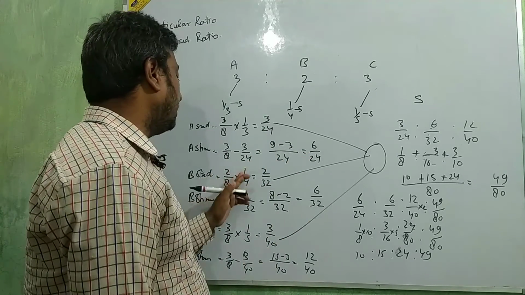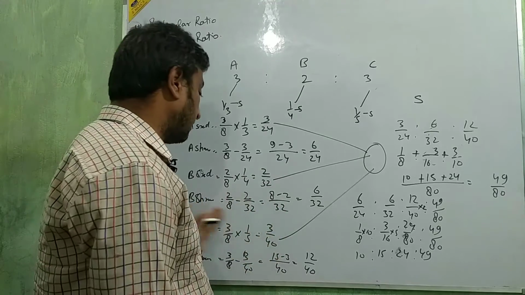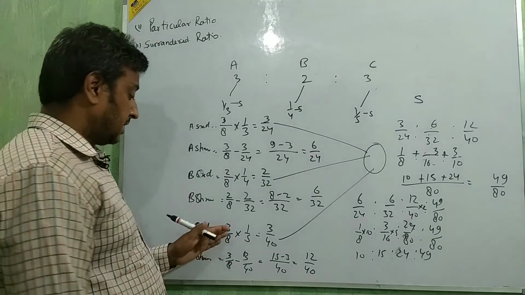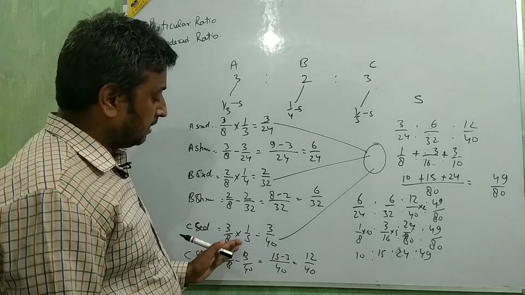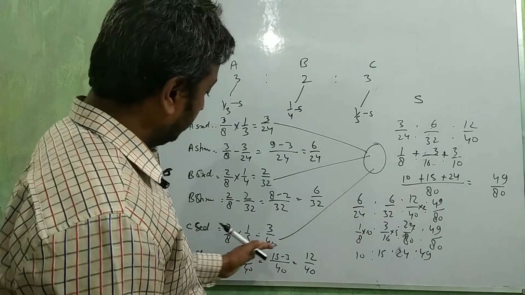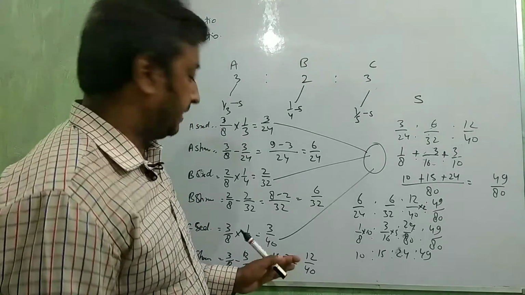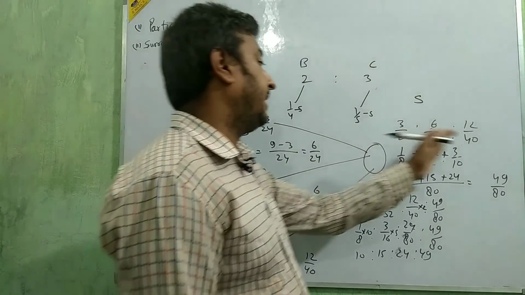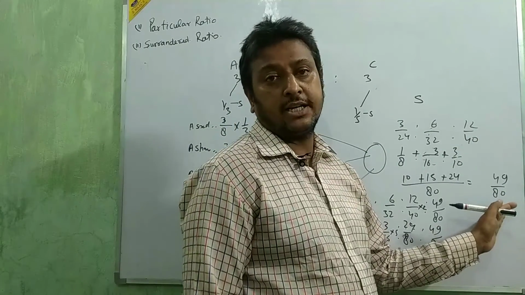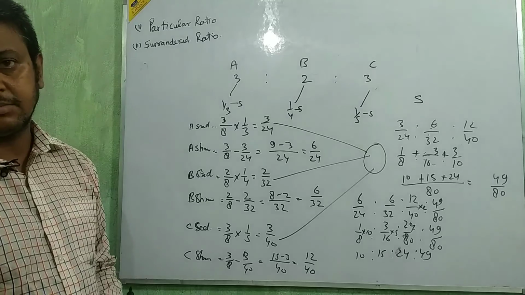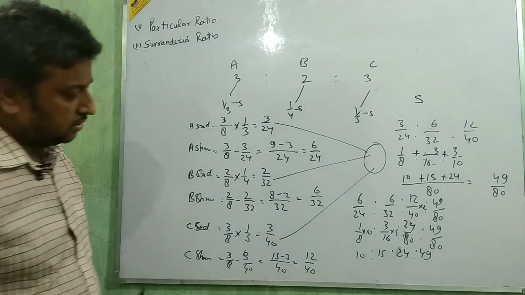Then 2 upon 8 into 1 upon 4, 2 upon 32. Less from B, then 6 upon 32 is the ratio. C, 3 upon 8 into 1 upon 5 is equal to 3 upon 40. Less from C, 12 upon 40. Then all these surrenders are added. Then the ratio of S is coming. Then set the amount. Then the ratio is coming. Okay, beta? Clear? Okay. Thank you.